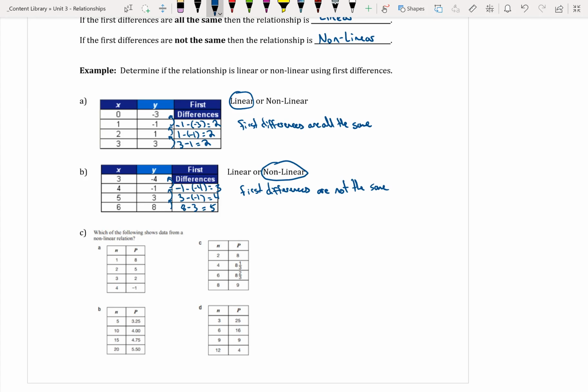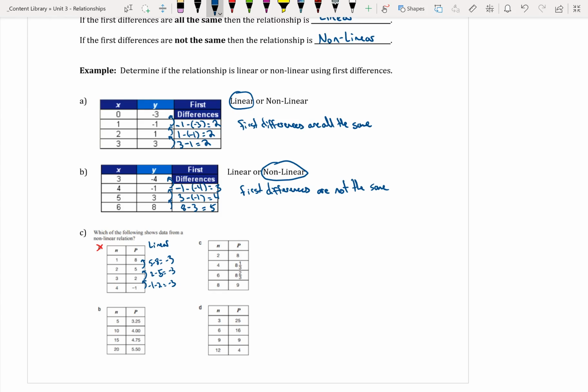So if you go through the first one, 5 minus 8 is -3, and go to the next one, 2 minus 5, sorry, is -3, -1 minus 2, -3. So this one is linear. So that means it is not the right answer.